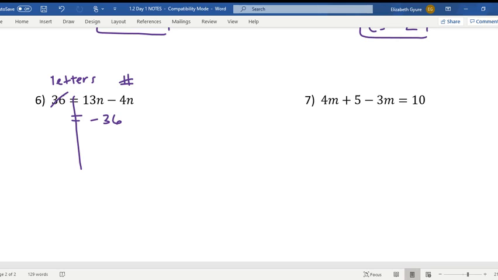So Jesse, 13N, should 13N stay there or should we move it over to the letter side? What do you think, Jesse? Jake Sanders, what do you think? Should we move the 13N over or should we leave it there?